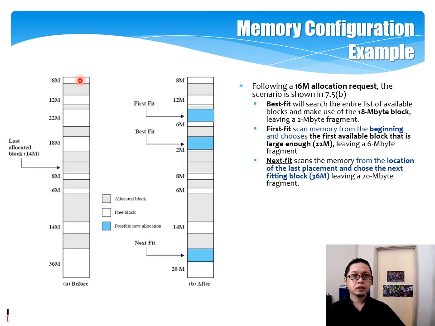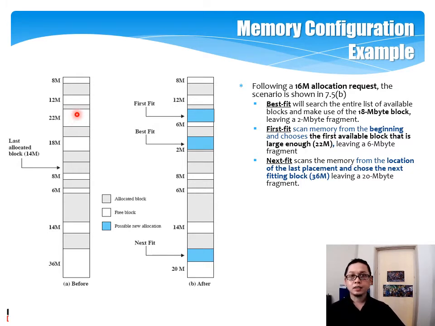Can this actually fit the 16 megabyte allocation? No. Secondly, it checks this one. Can the 16 megabyte allocation fit here? No. Third, can the 16 megabyte allocation request fit here? Yes. So it will choose this location if it uses the first fit approach.